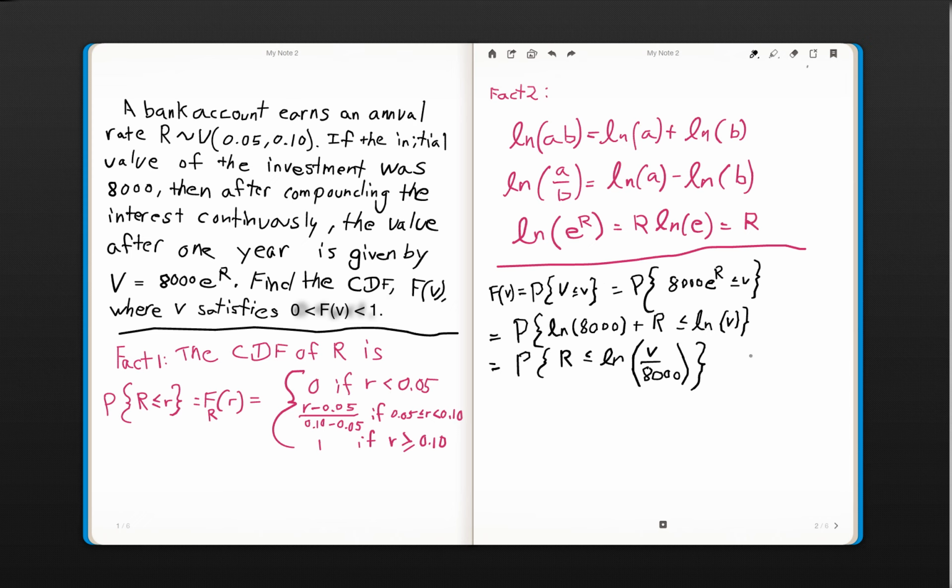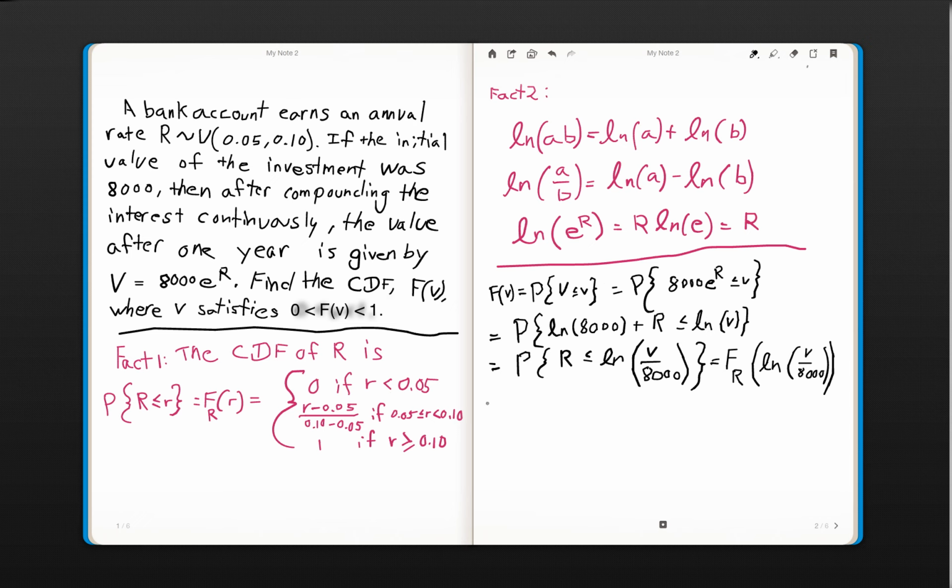This is then equal to F of R evaluated at the natural log of V over 8,000. Again, don't let the math or the syntax scare you. This is just basic. We're evaluating F of R at the natural log of V over 8,000.